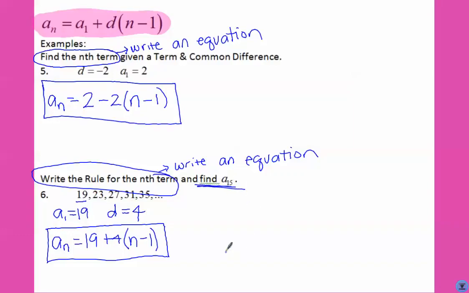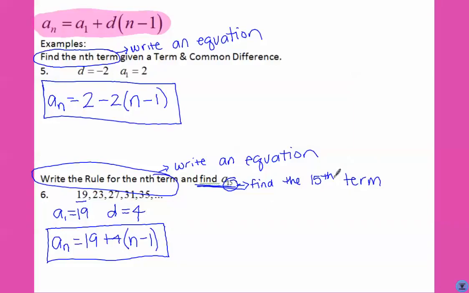Then find A sub 15. What that's saying is we want the 15th term. Now, if you wanted, you got the first 5 terms, you could just keep going with the pattern and write it all out till you get to the 15th. That's fine, show me all that work, you're good to go.